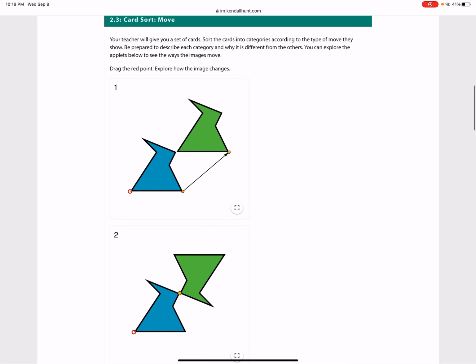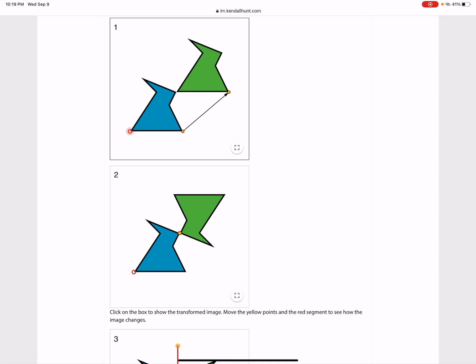So it says your teacher will give you cards. Obviously, I'm not giving you cards, but below here are the digital versions of the cards. You can drag. It's kind of hard because I'm on an iPad. The red point, and see how the image changes. The line, like on this one, it's sliding. On this one, spinning, rotating.